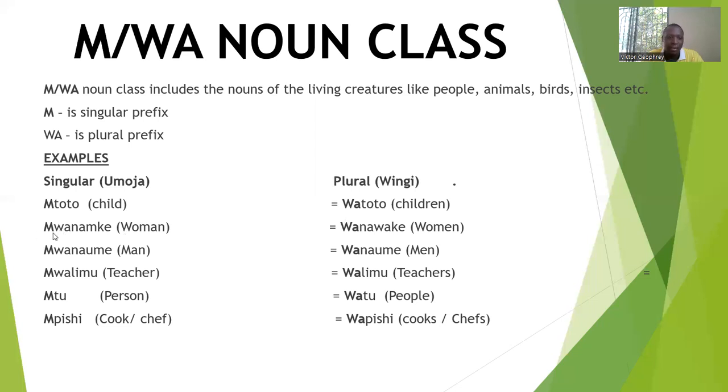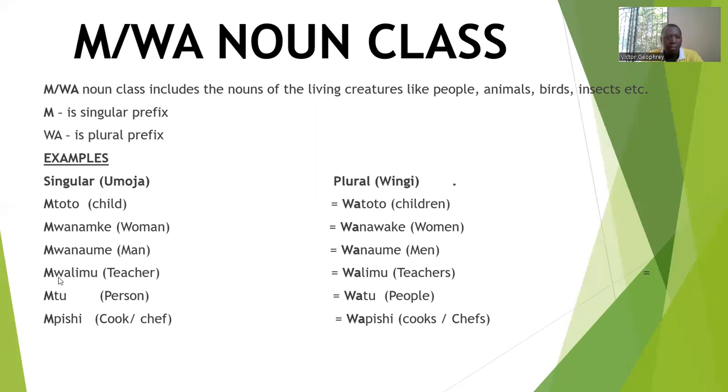Now have a look at another one. Mwanamke. Then wanawake. We just remove M and replace it with wa. So it starts with wa. Also, have a look here. Mwanaume, wanaume.